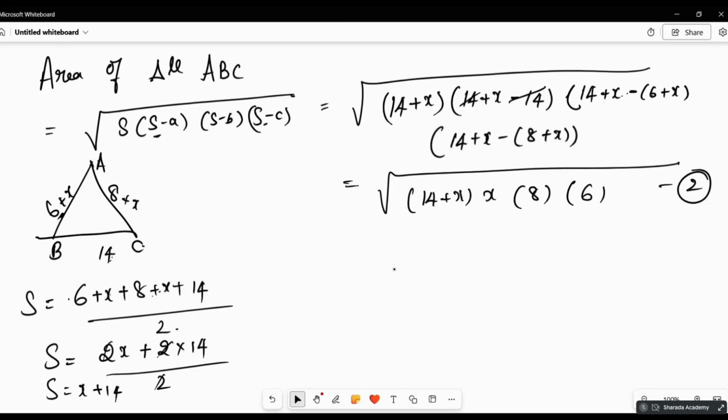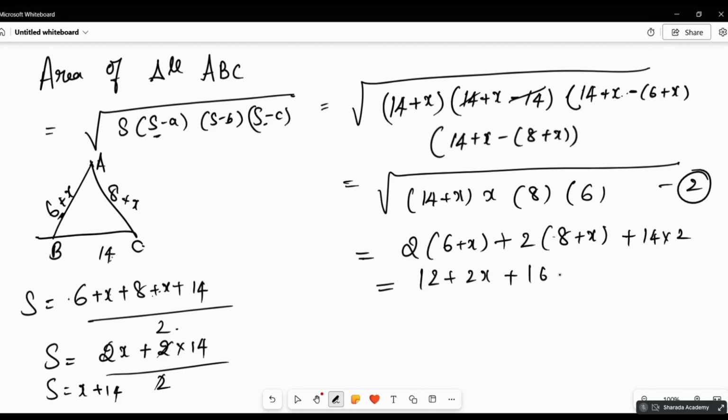Why have you scratched? Ma'am, I didn't understand this one. Correct only, no? So that is also equal to 2 into 6 plus x plus 2 into 8 plus x plus 14 into 2. If you try to simplify this, what you will get? 12 plus 2x plus 16 plus 2x plus 28, that is 4x plus 56, I think. 56, correct.